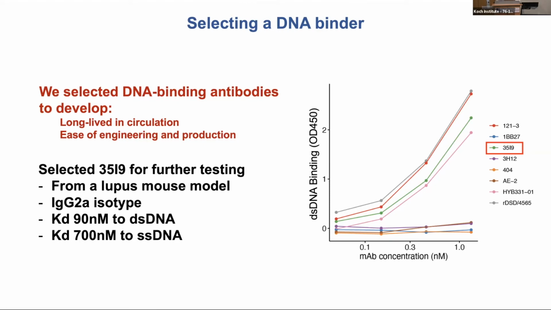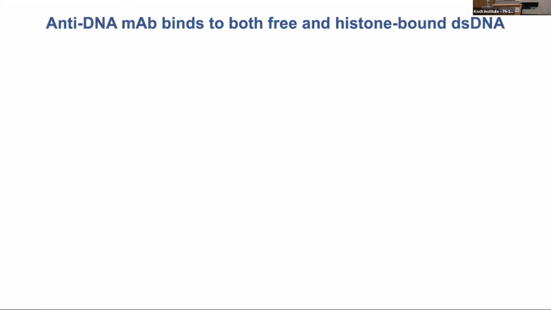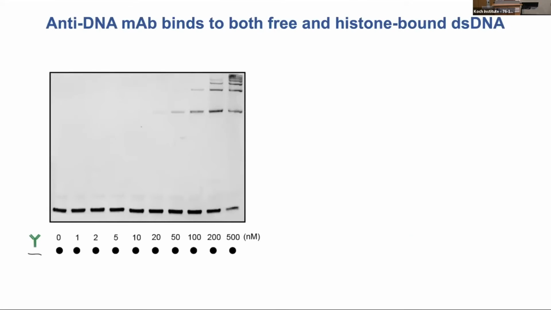Now, the first question we asked was, how does this antibody interact with free and nucleosome-bound DNA, the components of cell-free DNA? To do this, we did a gel shift assay where we incubated free double-stranded DNA, about 150 base pairs, which is around the length of cell-free DNA fragments, with various concentrations of antibody.